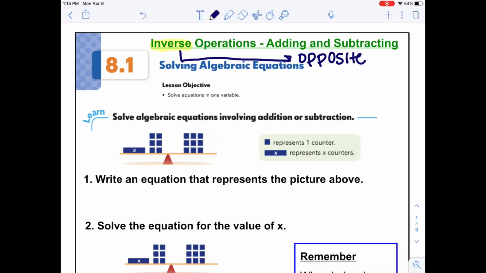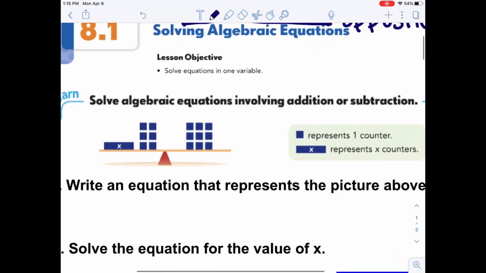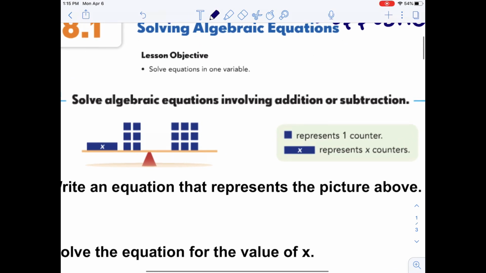Okay, so our first thing that we're going to be looking at is how to solve algebraic equations involving addition and subtraction. We have this picture here with our scale. And when we think about algebraic equations, thinking about a scale is a really, really great picture to help us as we're going through the steps. When we have equations, when they're equal, they need to be balanced just like a scale. So whatever we have on one side of our scale needs to equal what's on the other side.